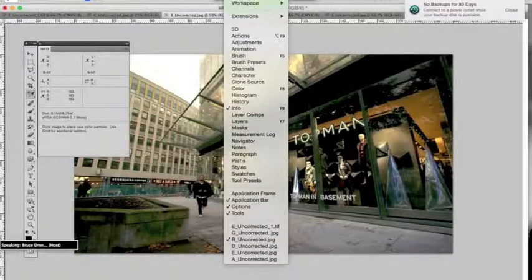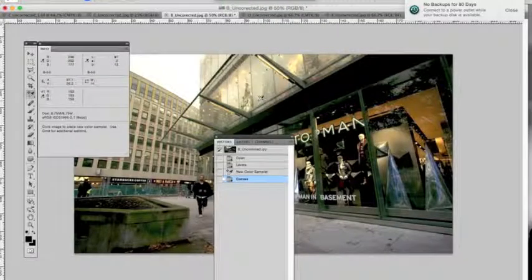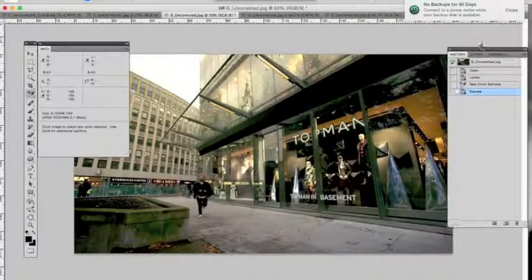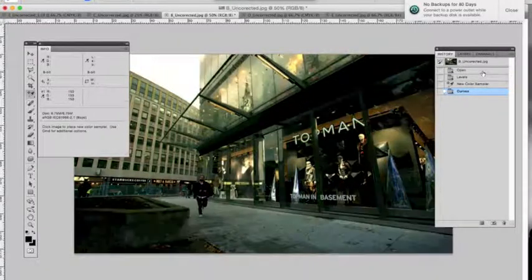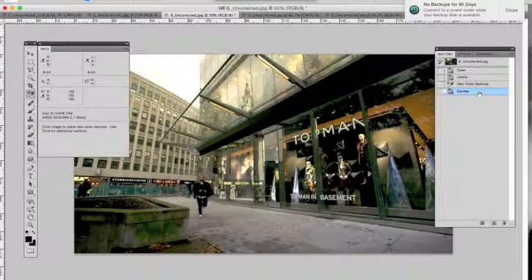So just to do a before and after, just using this concept of grey balance, just understanding the relationship between light, we've moved from this to this.